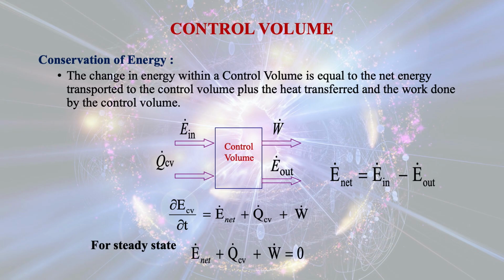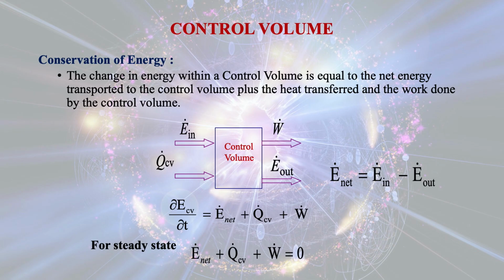So E dot net, that is the net energy entering the control volume, is E dot in minus E dot out. Q dot CV is the rate of heat entering the control volume, and W dot is the rate of work done by the control volume.